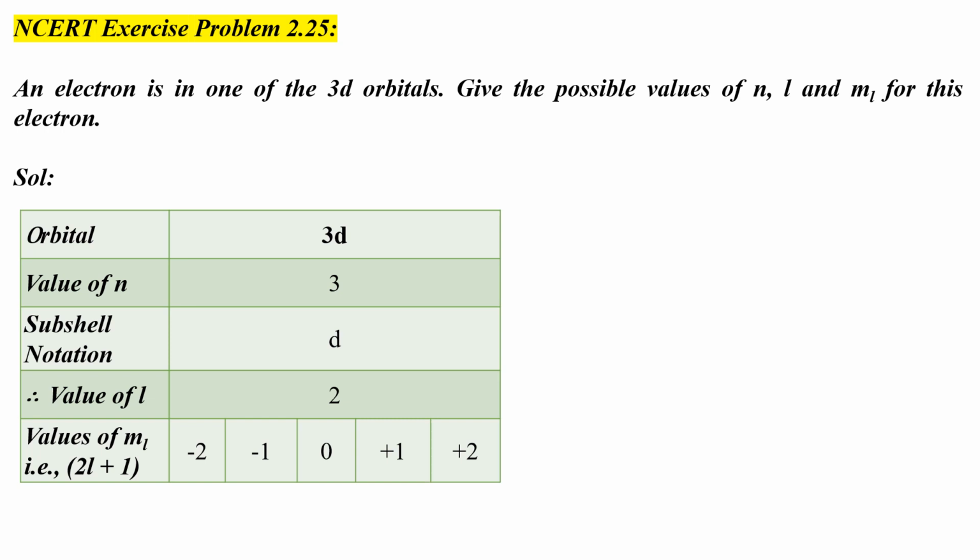And the value of L corresponding to the subshell notation D is 2. From this, we calculate the values of ML. When we substitute this value of L into 2L plus 1, you get 5 values. What are they? -2, -1, 0, +1 and +2. These many orientations are possible for the electron present in the 3D orbital.